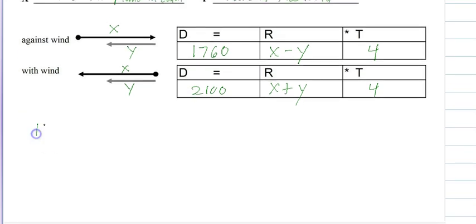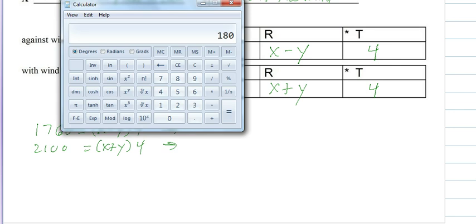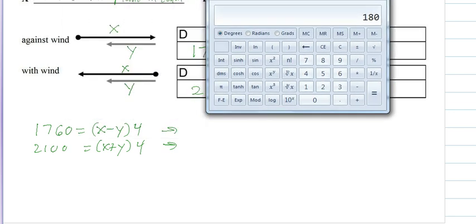So that gives us our two equations. 1760 equals x minus y times 4. And 2100 equals x plus y times 4. And then again, you want to divide them. So we take 1760 divided by 4, and we get 440.